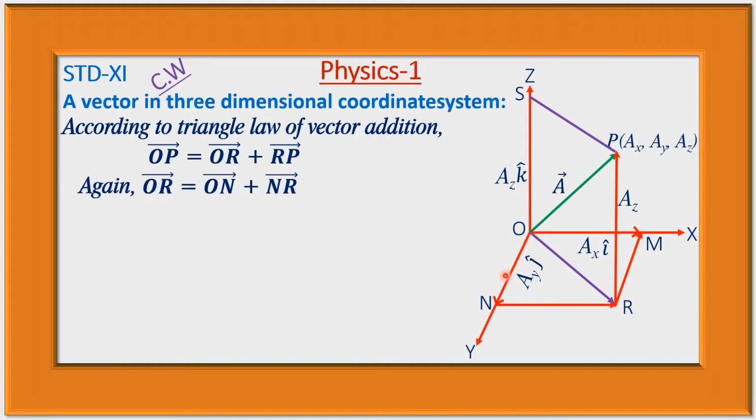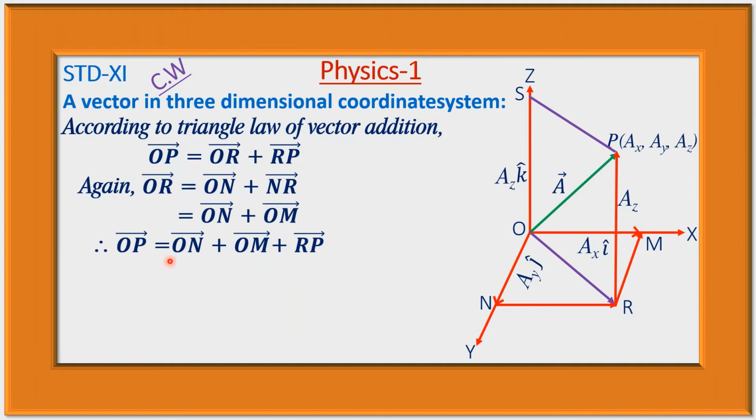That is, according to the triangle law of vector addition, from this triangle ONR, OR is equal to ON plus NR. And this is equal to ON plus OM, because we know NR is equal to OM.